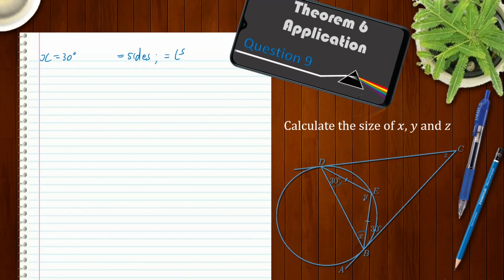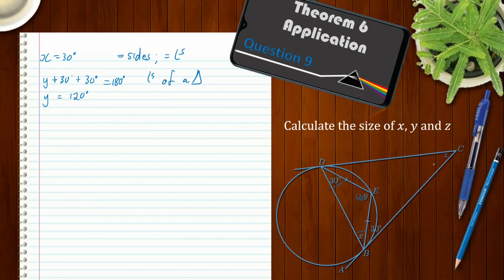Y is also simple because we've got now angles in a triangle. So that's y plus 30 degrees plus 30 degrees is equal to 180 degrees, angles of a triangle, and just solve for y. So y is equal to 180 minus 30, so 180 minus 60, and that gives us 120 degrees. Okay, so this is 120.